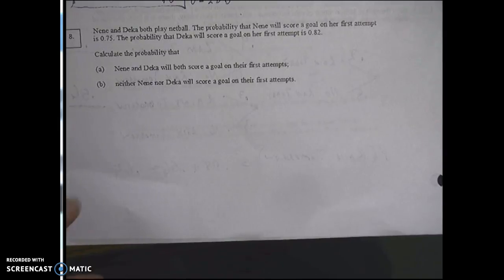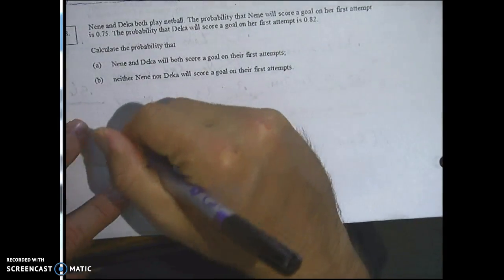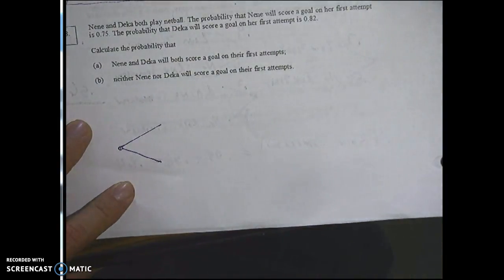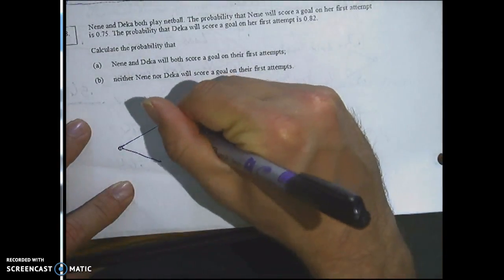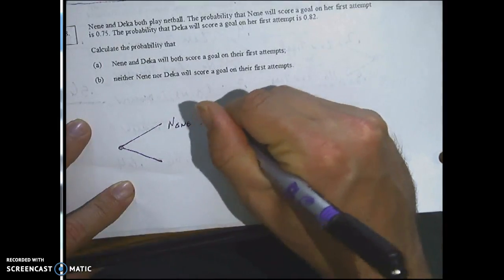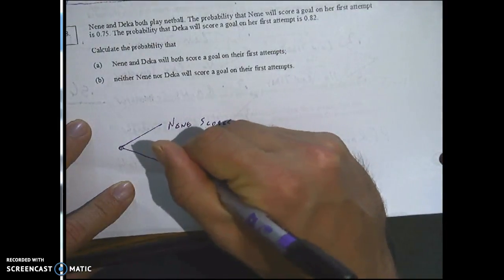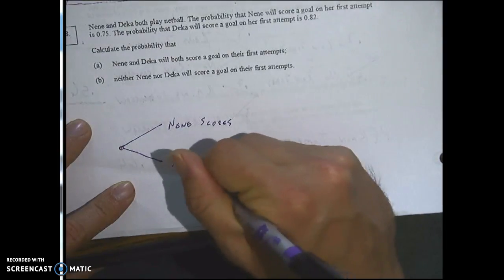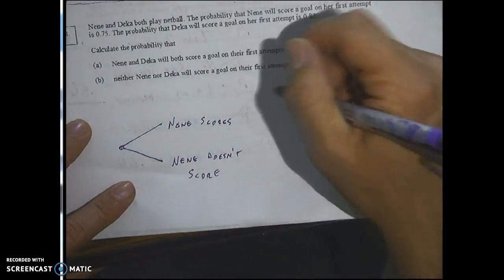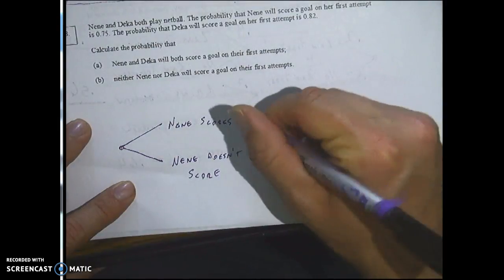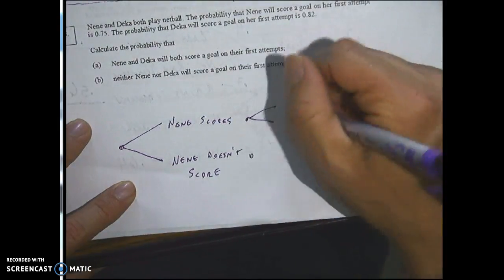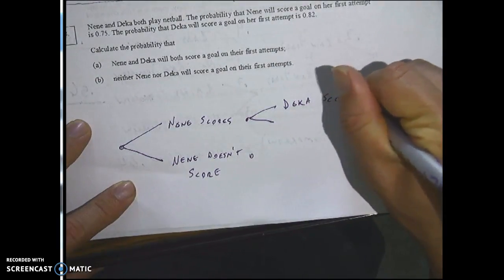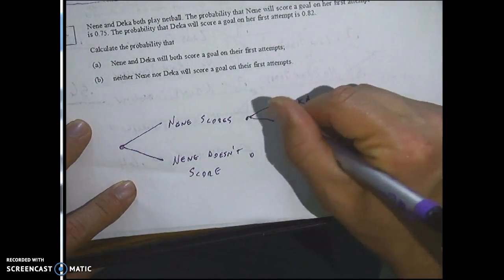So I'm thinking this is a tree diagram again. And the first branch is Nene scores or Nene doesn't score. And then the second branch, of course, is that her friend scores or doesn't score.